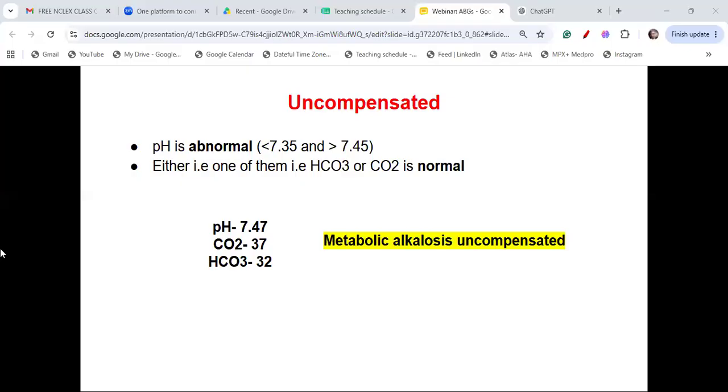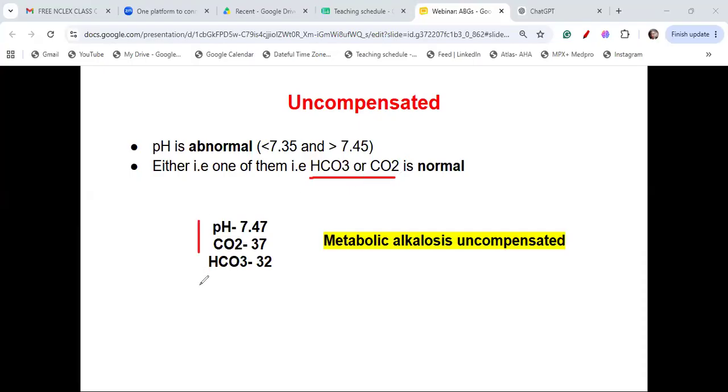In uncompensated, the pH is always abnormal. And then either CO2 or bicarbonate is normal. So you're saying that one of these will be normal. One is normal, the other one is abnormal.